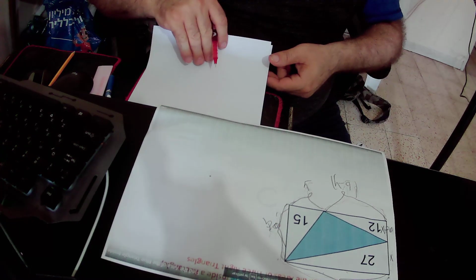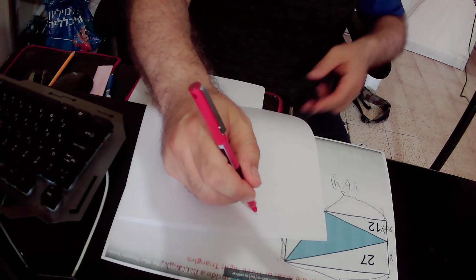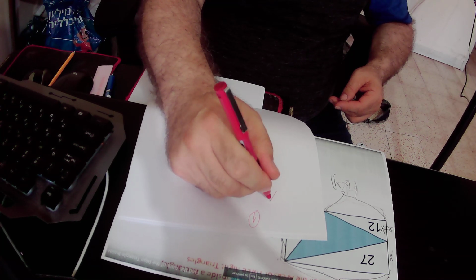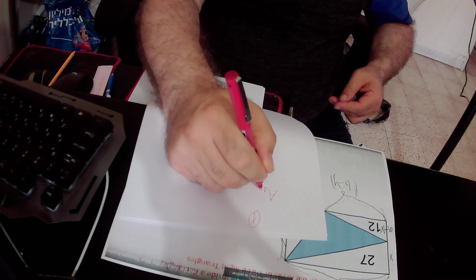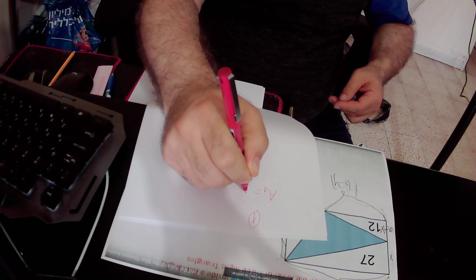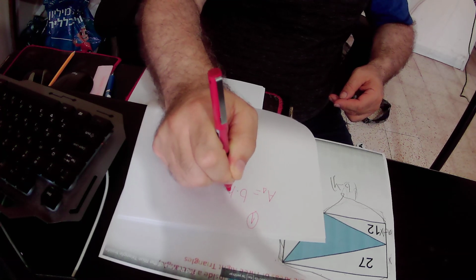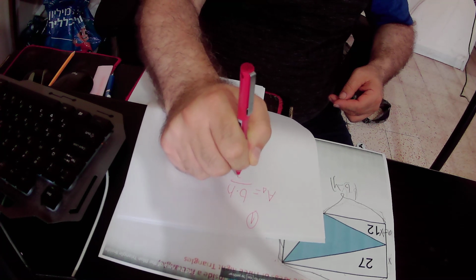So in general, we can say that the area of a triangle equals the base of the triangle times the height to the base divided by 2.